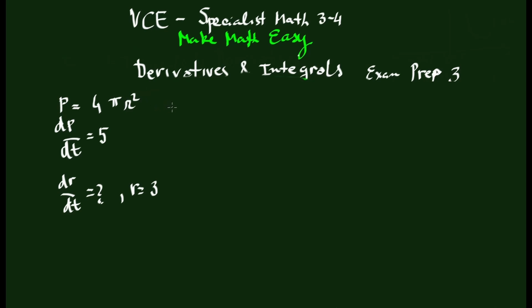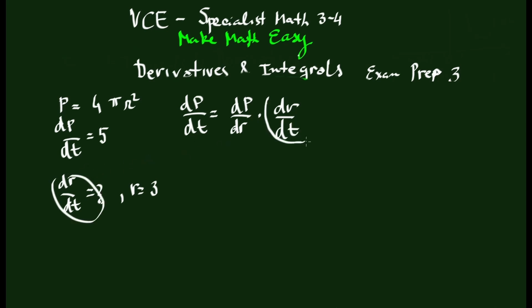So what we can do is write that dP in relation to t is the same as dP in relation to dr times dr in relation to dt. So that links our dr and dP in relation to dt.